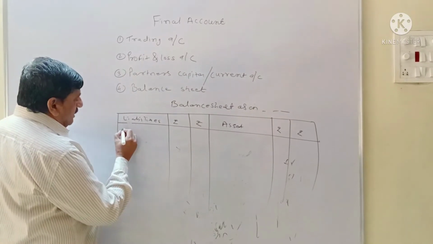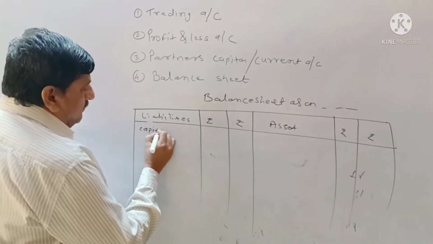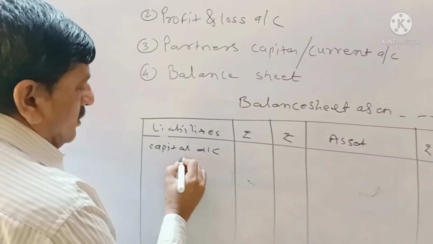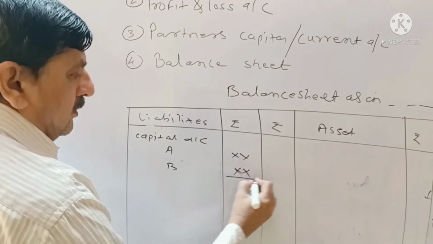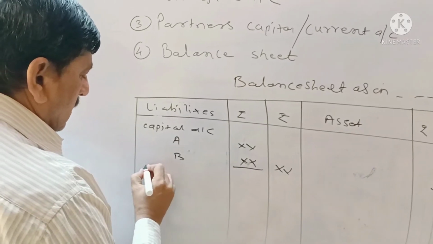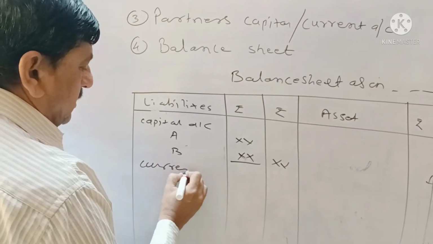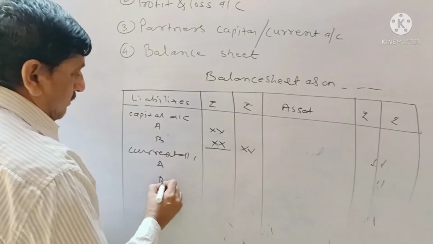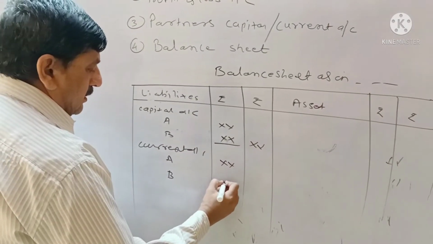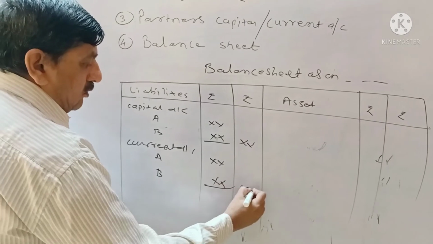In the liabilities you have to write down the capital account. Suppose A and B are partners, take the total in the outer column. If a current account is given, then show it; if not given, then you take capital accounts of A and B and take the total in the outer column.